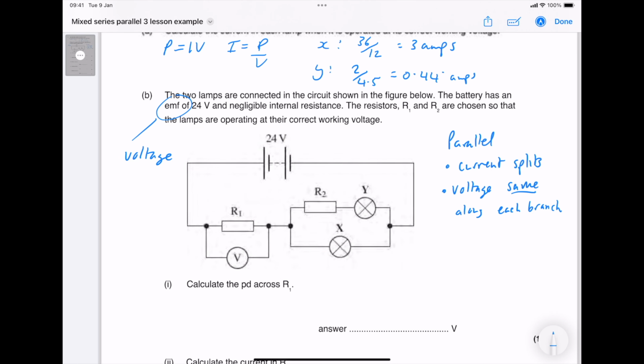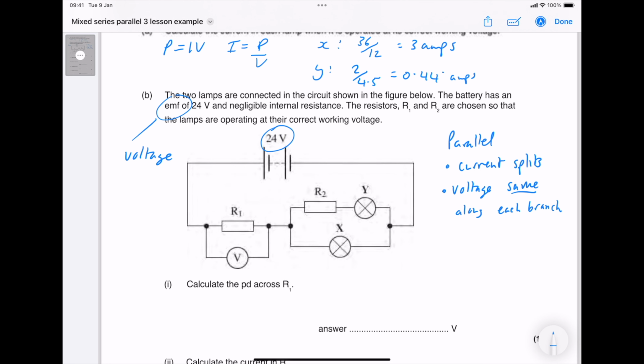Well, we're going to need this understanding for later parts of the question as well as this part here. Whereas for a series circuit, the current is the same all the way around the circuit, but the voltage is shared amongst the different devices in the circuit. You may have a bulb, a resistor, a fan, whatever it may be, the total voltage available from the battery is distributed amongst those devices.